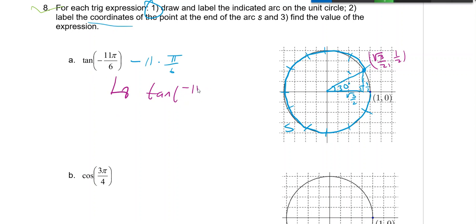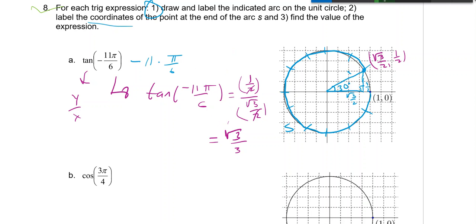Tan of minus 11 pi over 6 is equal to the y over x coordinate. Tangent is y over x. So we just look at these guys. It's a half over the square root of 3 over 2. They're both positive, so the tangent is going to be positive, and we've simplified this enough times to know that's 1 over root 3, which rationalizes to root 3 over 3.